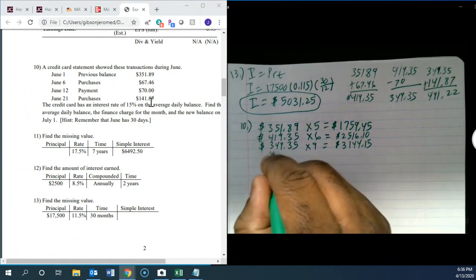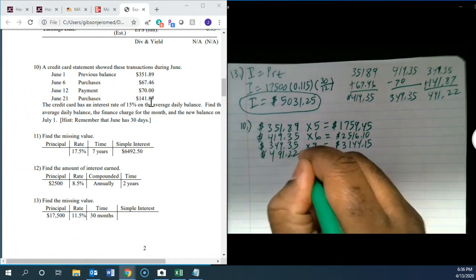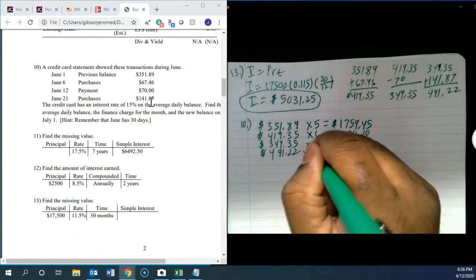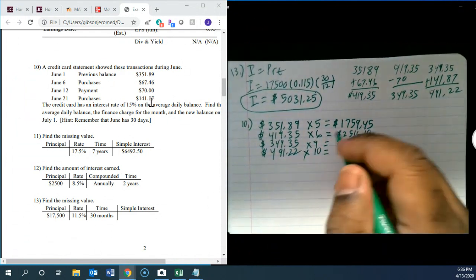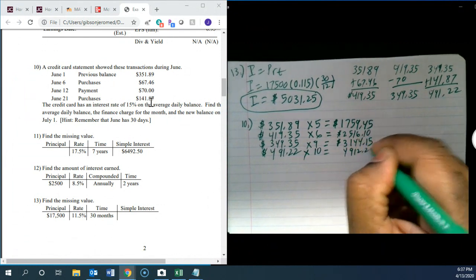So it'll be $491.22 times, now, the 21st would take us from the 21st to the 30th, and that would be 10 days. So we multiply this by 10, that would give us $4,912.20.